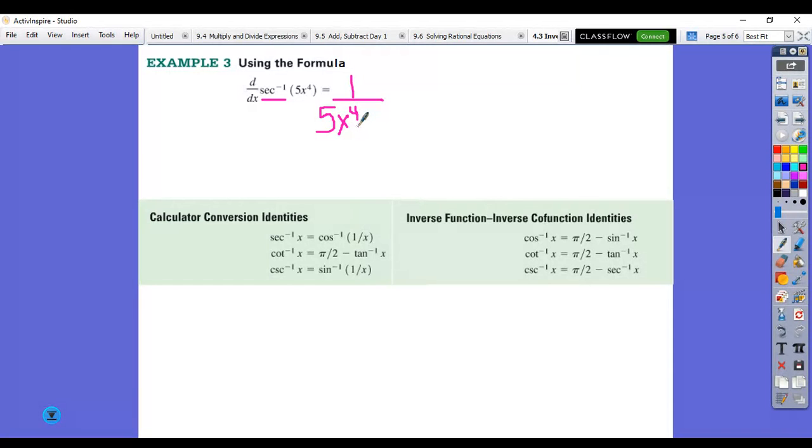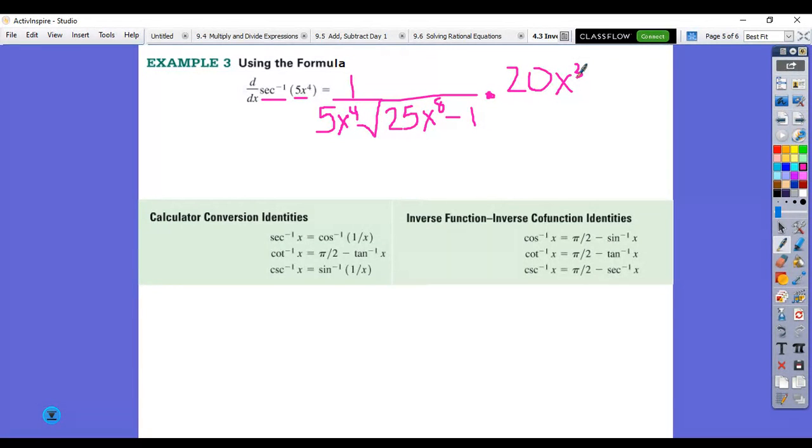So we start off with that, and we're going to square whatever's inside here: 25 x to the fourth squared, power to a power we multiply, minus 1, times the derivative of the inside, 20x to the third.